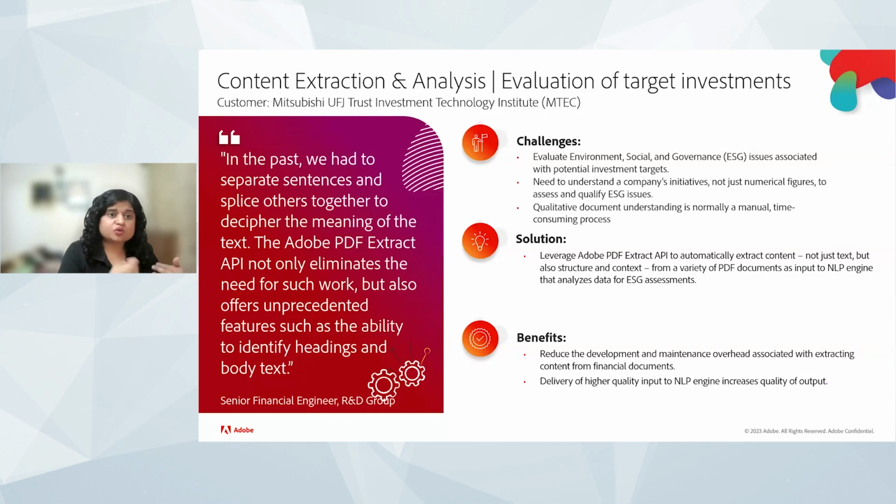They were also able to deliver higher quality inputs to the NLP engine to increase the quality of outputs. So really, this helped them tie together not just numerical analysis that they would do, but the contextual or the text-based analysis that they would have to do, which otherwise would require them to read through a lot of text.